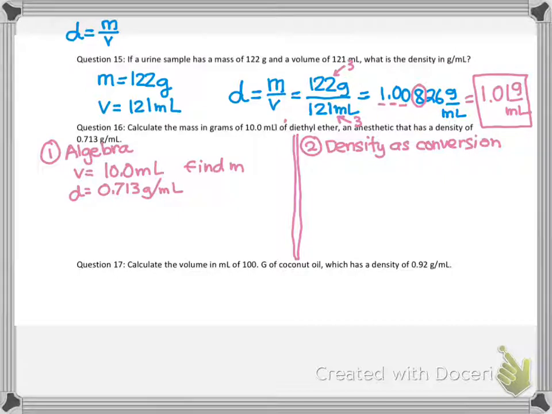Using algebra, I would say density equals mass over volume. So I would plug in 0.713, and you don't have to write the units if you don't want to, 10.0 milliliters, and then the mass. Rearranging this, I have to multiply the 10 over.